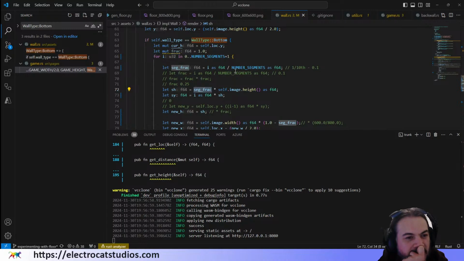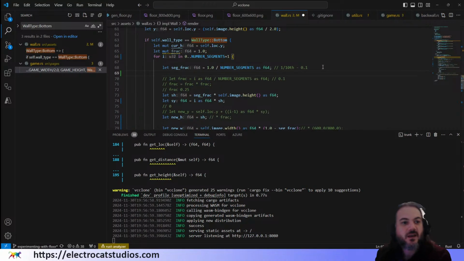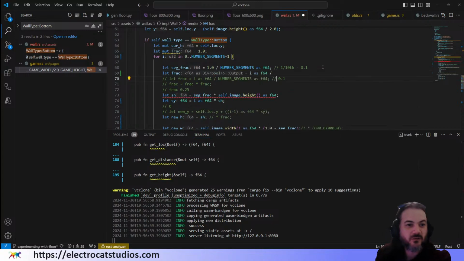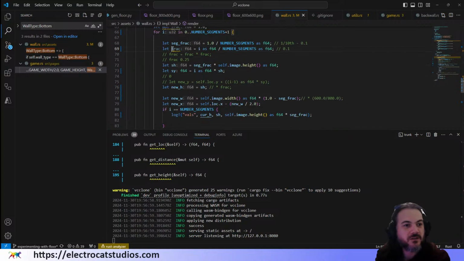Okay, no, I remember why. This is a single segment height, and then the fraction should be i as f64 divided by n5. There we go, I've got it underneath. Okay, so let's bring that back. Right, so now we have a fraction.